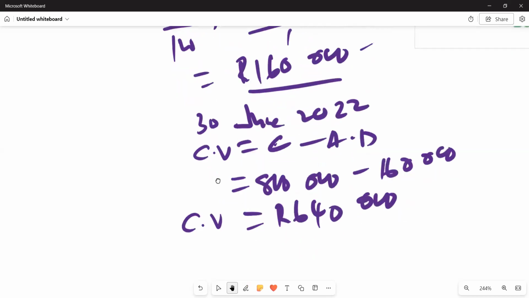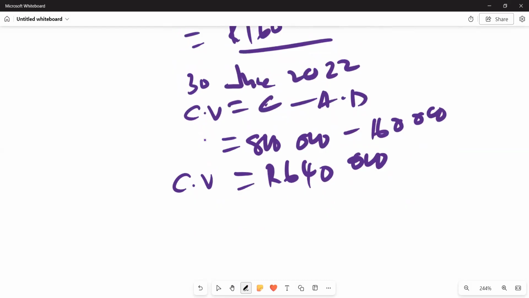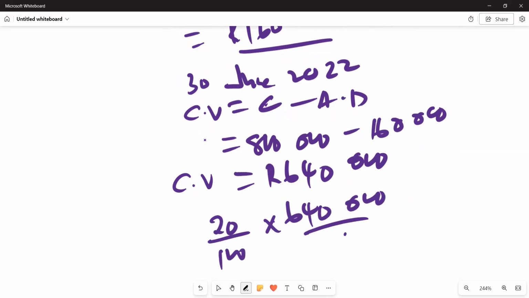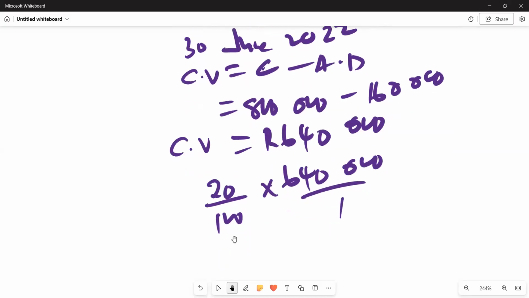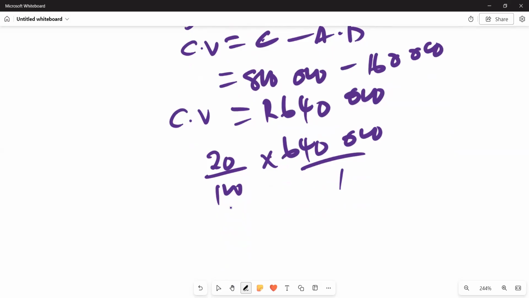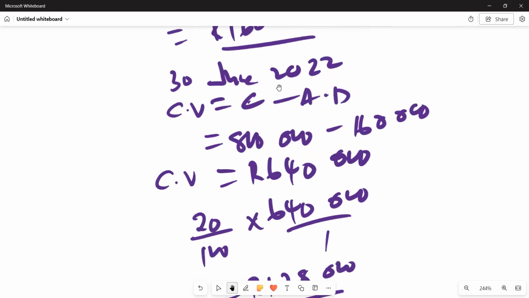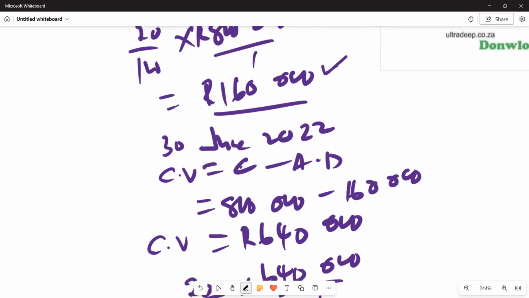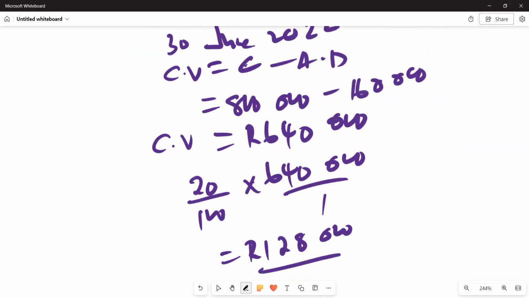Then depreciation for the second year: we know the percentage is 20%, so we say 20 over 100 times the carrying value, which is 640,000. Let's calculate and see what we get. We are going to get 128,000 rands. So we now know that for the first year, depreciation was 160, and for the second year, it was 128.